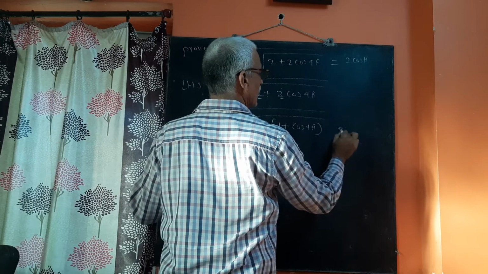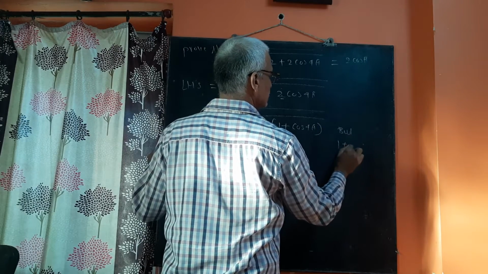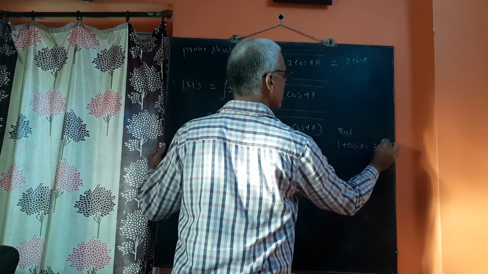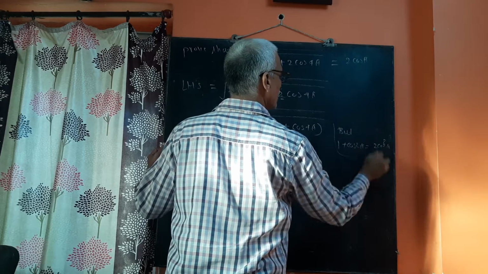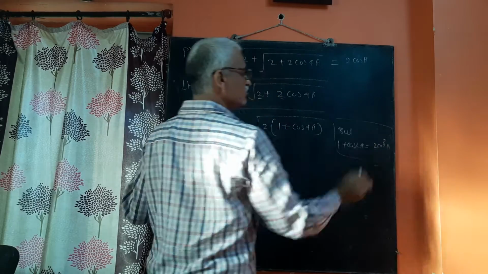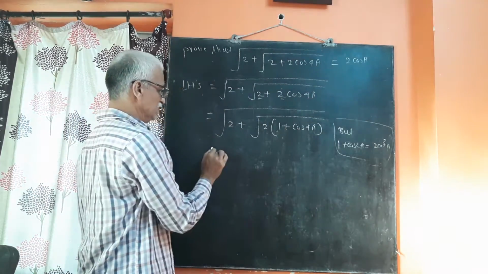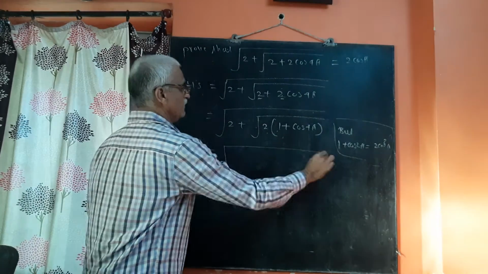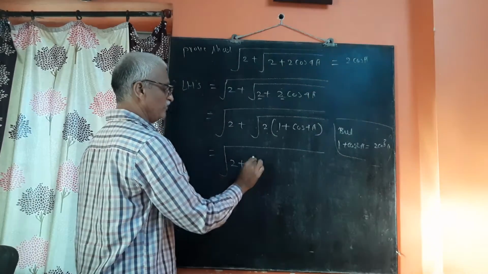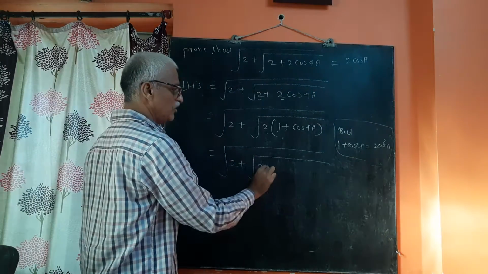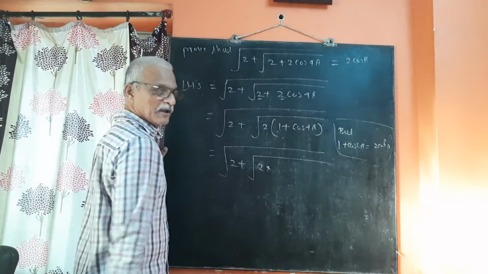Our formula is 1 plus cos 2a equals 2 cos square a. So we have to apply this formula here. It equals the square root of 2 plus root of, this 2 remains as is, 2 into 1 plus cos 4a.